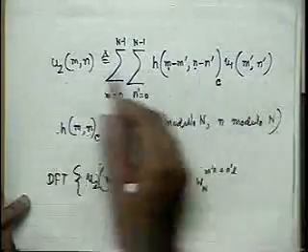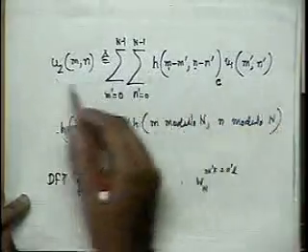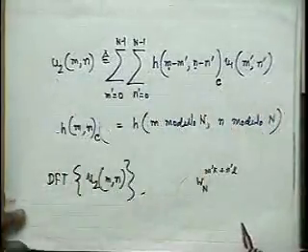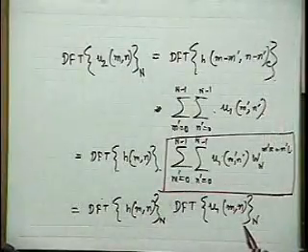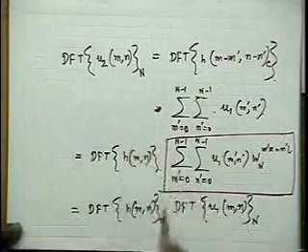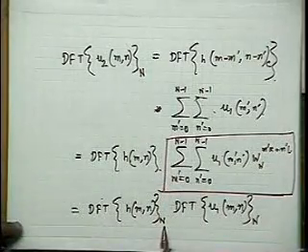So what is the physical conclusion? Convolution in the spatial domain, this is how I had defined a convolution in the spatial domain, becomes a multiplication in the frequency domain.